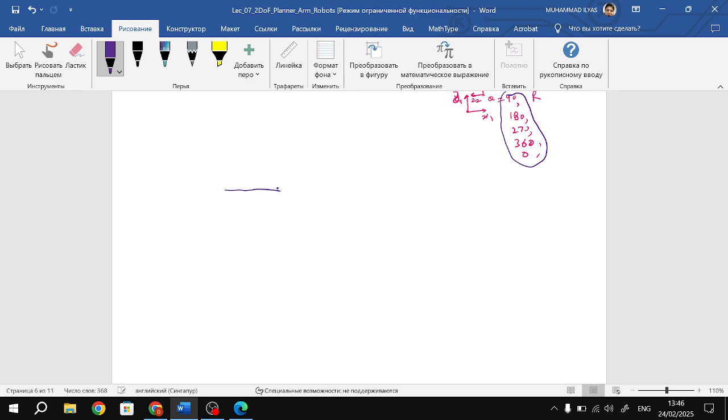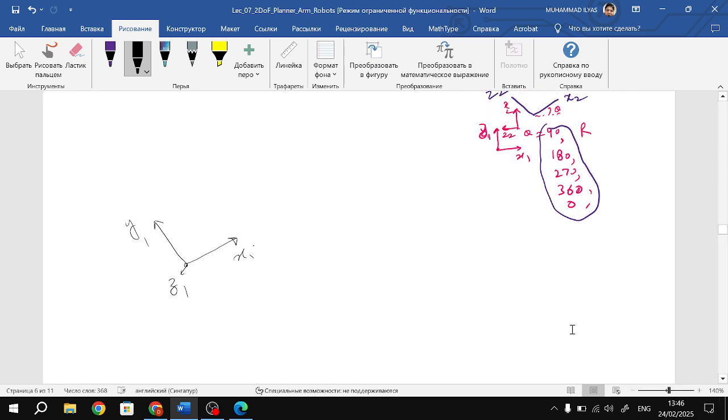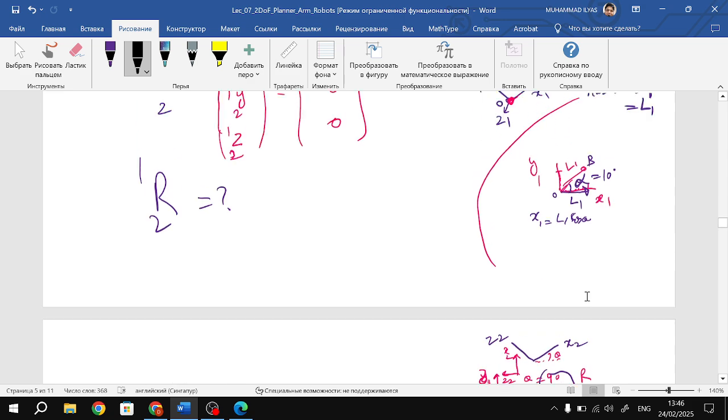Your x1 is going in this direction, y1 is going in this direction, and z1 is going out of the page. Please see it carefully because this is very important. You will use this many times in your next classes as well.